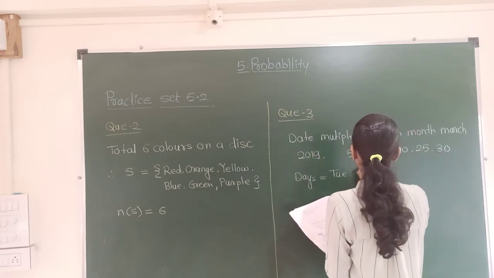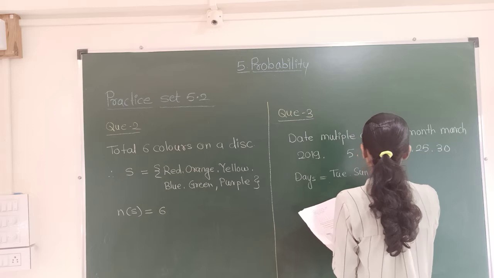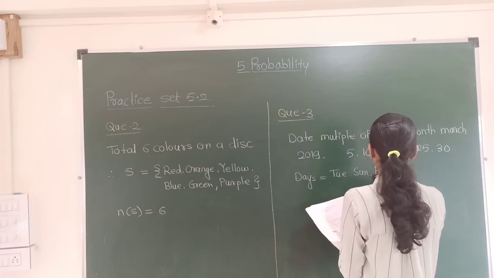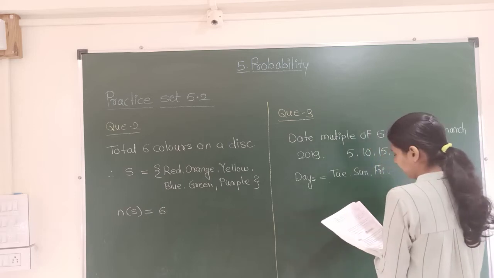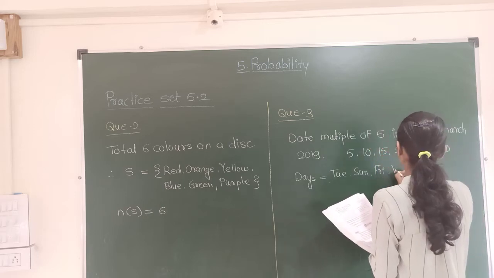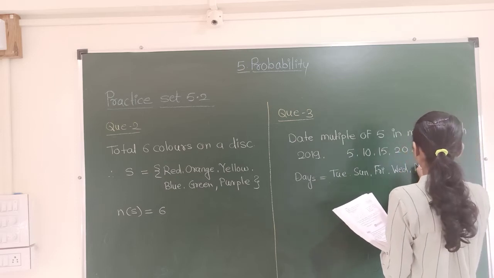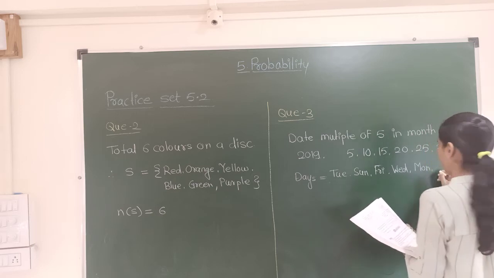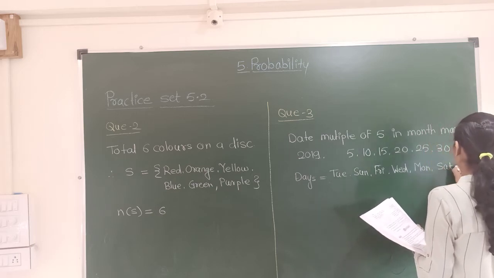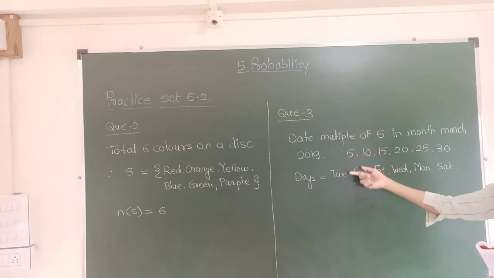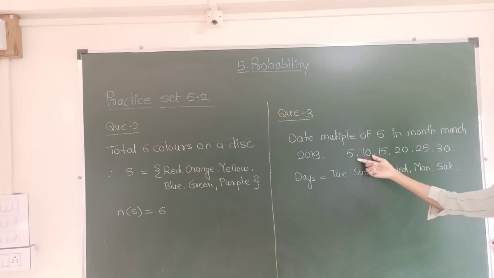After that, for 10 it is Sunday, for 15 it is Friday, for 20 it is Wednesday, for 25 it is Monday, and for 30 it is Saturday. Okay, so the days are Tuesday, Sunday, Friday, Wednesday, Monday, Saturday. These are the days of the dates which are multiples of 5.